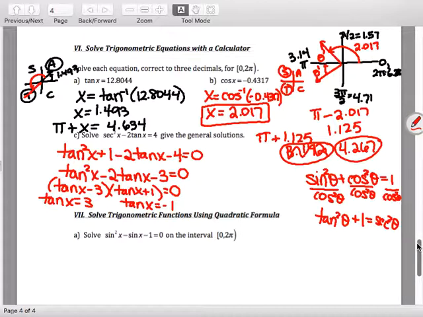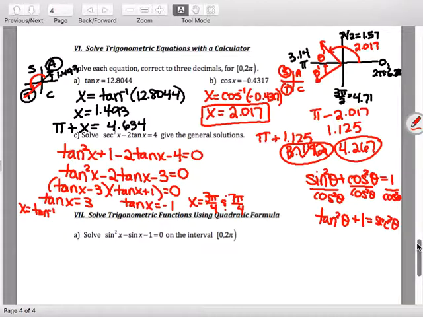Now, tangent x equals negative 1, this is unit circle. Okay, I should recognize that's unit circle. So I can do that one. Well, I want the general solution. So that'll be what? 3 pi over 4 and 7 pi over 4. I'll generalize that in a moment. Over here, this one's not unit circle.